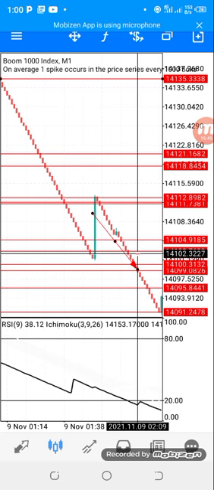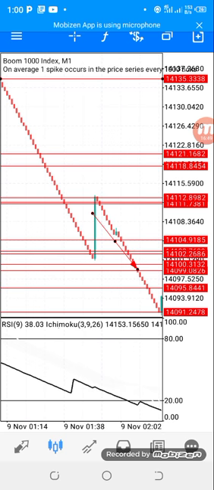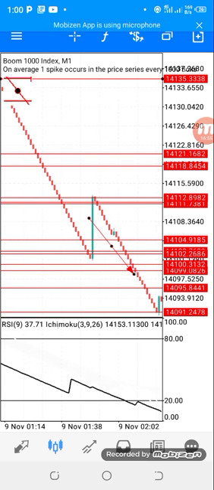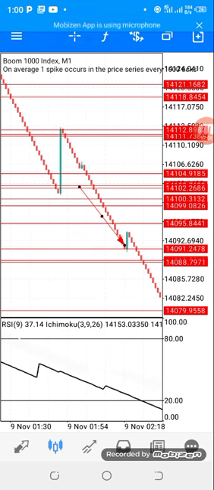So we count from here 10 candles before we trigger our buy signal. 1, 2, 3, 4, 5, 6, 7, 8, 9, 10. Here we trigger our buy signal immediately.